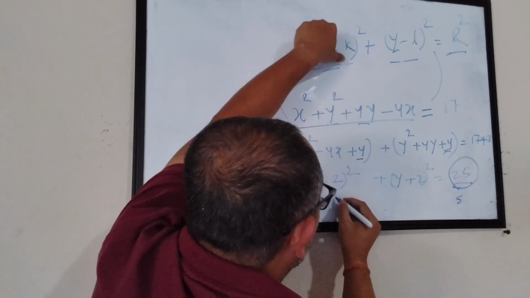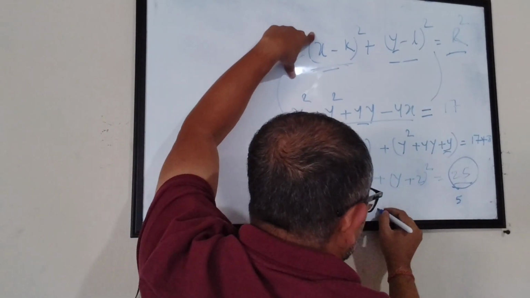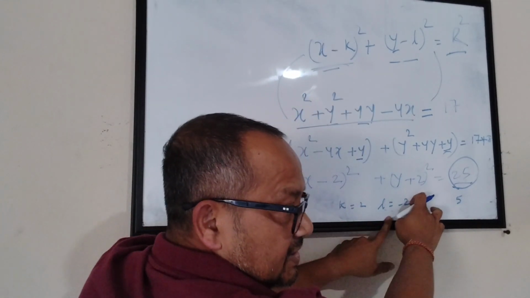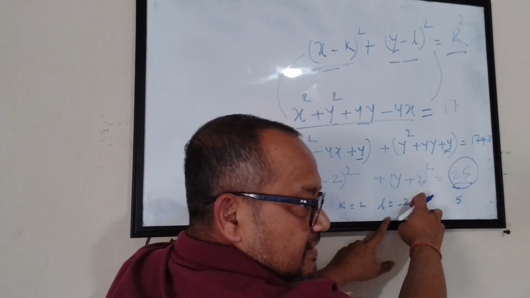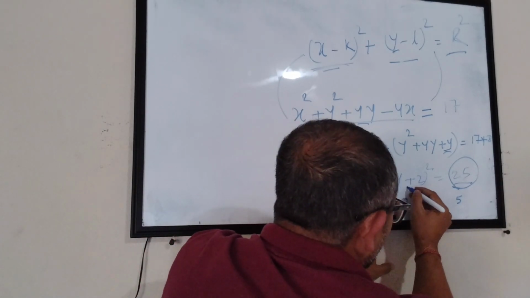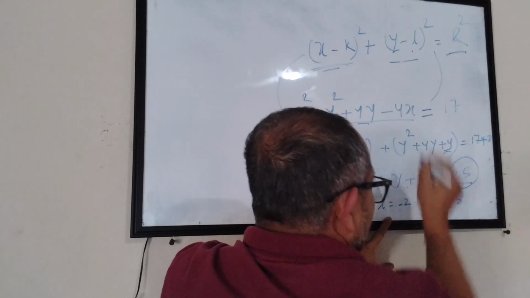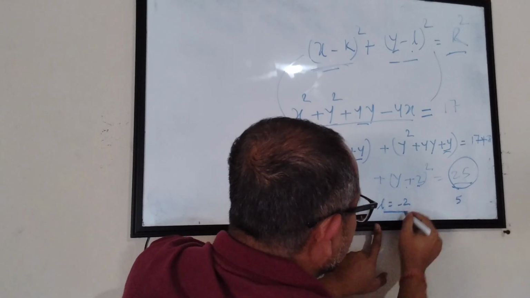What is the value of K here? K equals 2. What is the value of L? L equals minus 2. Correct? If it was y minus L, what we have is plus. So my x and y coordinates are 2 and minus 2 here.